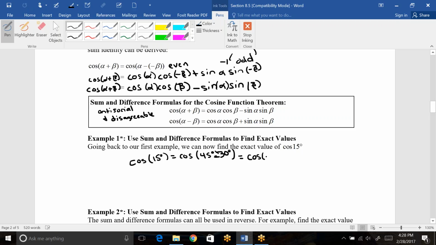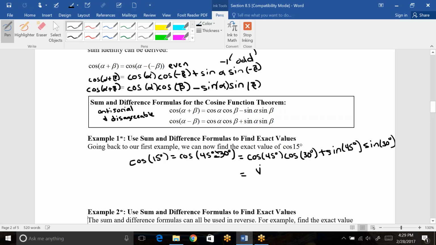So cosine of 45 degrees, cosine of 30 degrees. Since this is a minus, we would change to a plus, and then we would have our sines. So sine of 45 degrees, sine of 30 degrees.